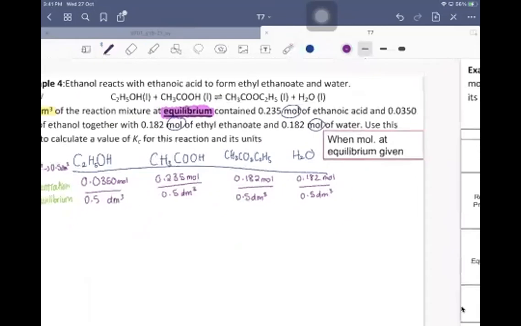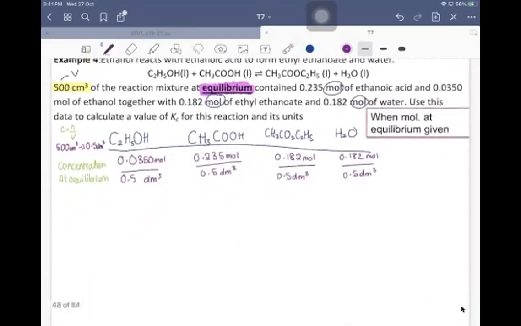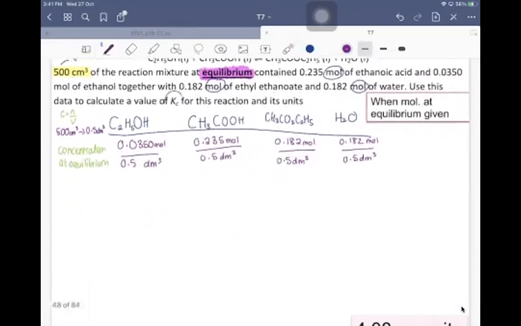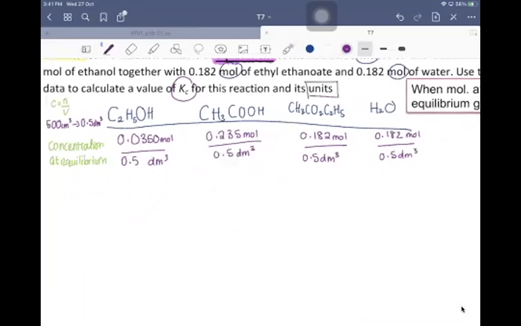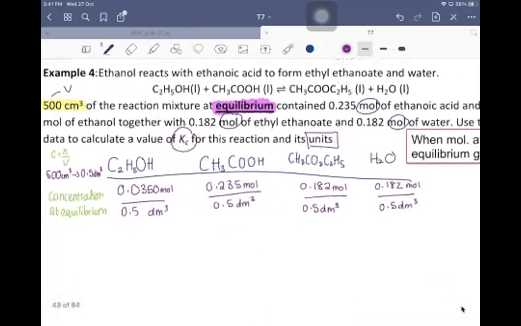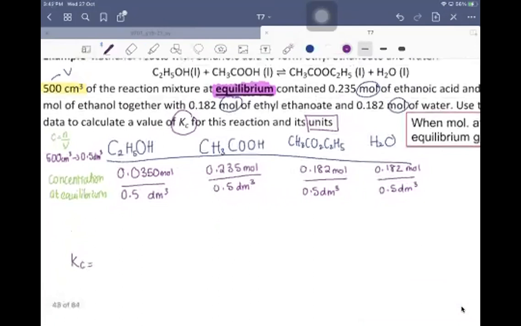You will work out the concentration for each reactant and each product. Once you have concentration, then you move on to the expression. The question wants you to find the value of Kc. That means you have to calculate the value of Kc as well as its units. So let's write that down. Kc is equal to the concentration of your ester.